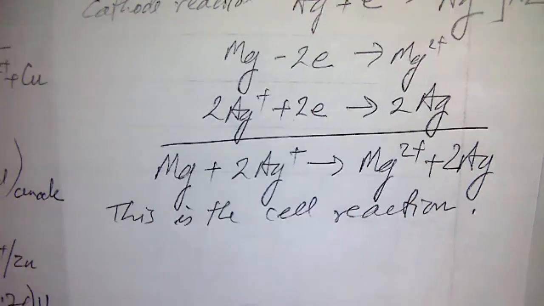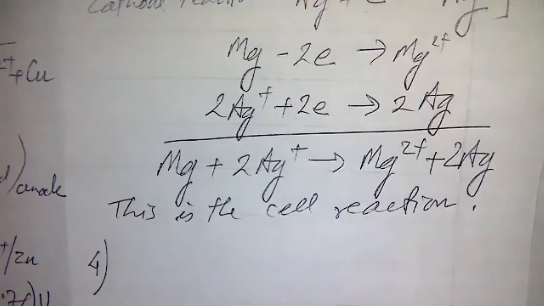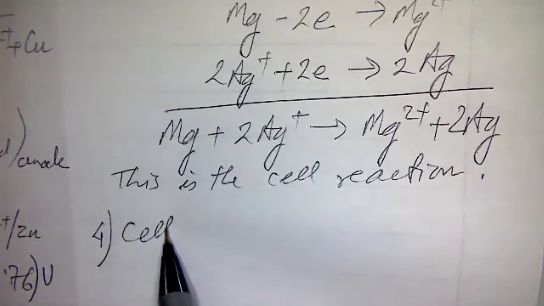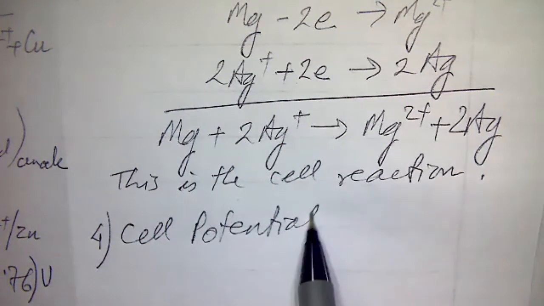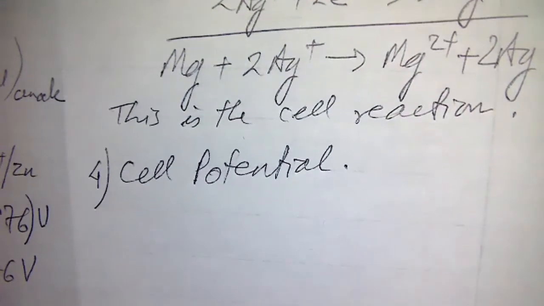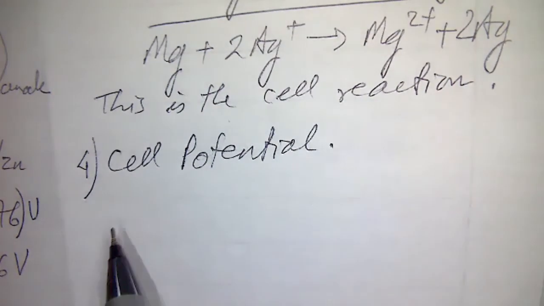Understood? Then the next thing, number 4. What was it? You have to find the cell potential. How to get the cell potential? What we can do?